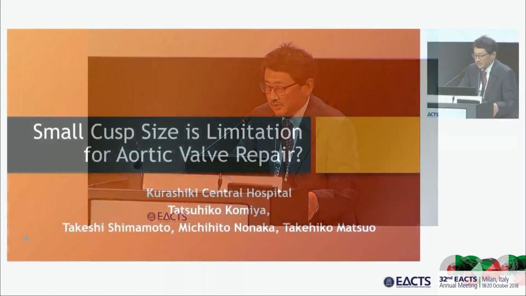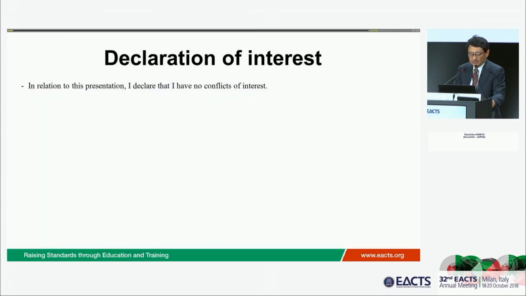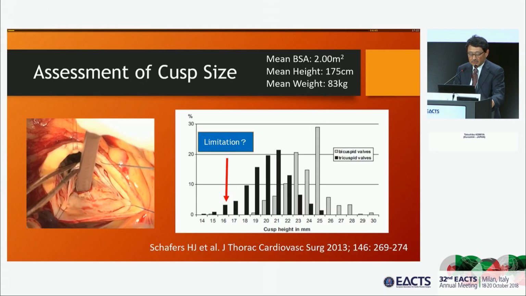Thank you so much for giving me this great chance to present. My topic is that small cusp size is a limitation for aortic valve repair. I have no declaration of interest. So Dr. Schäfers' group proposed geometric height for the assessment of cusp size. This we can easily measure intraoperatively.